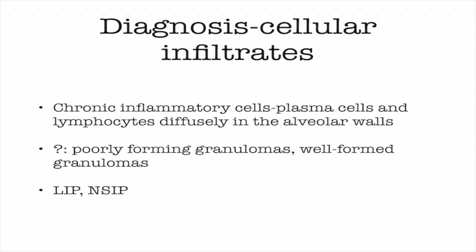Sometimes these chronic inflammatory cells may be associated with poorly forming granulomas, or even well-forming granulomas. And therefore the diseases to think about there are the LIP, the lymphocytic interstitial pneumonia, or the non-specific interstitial pneumonia. Those are the differentials under there.